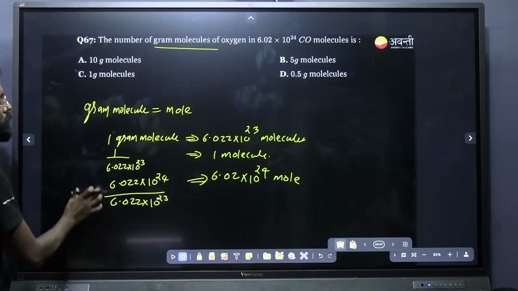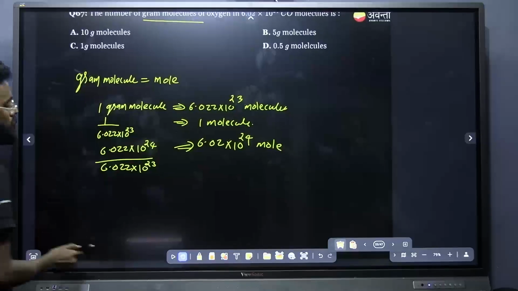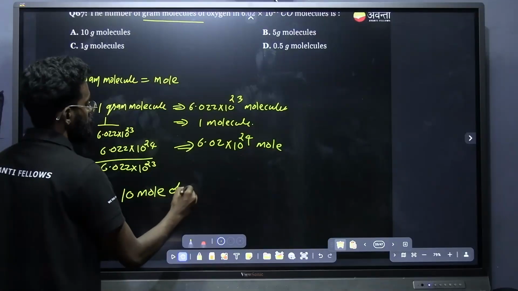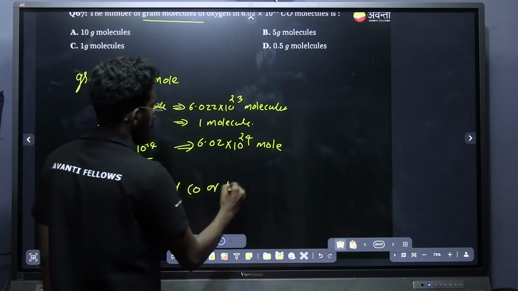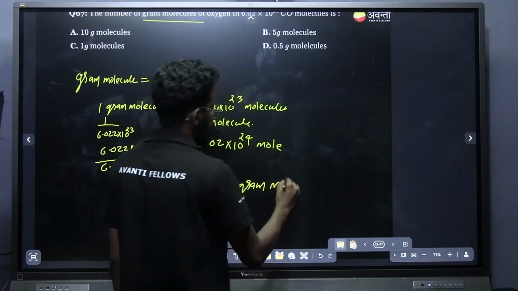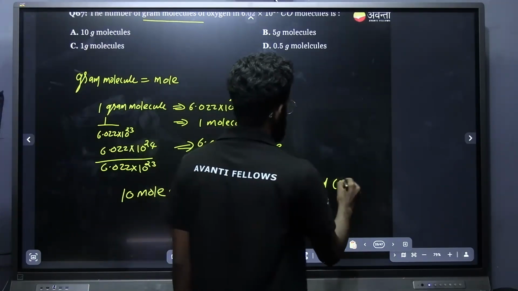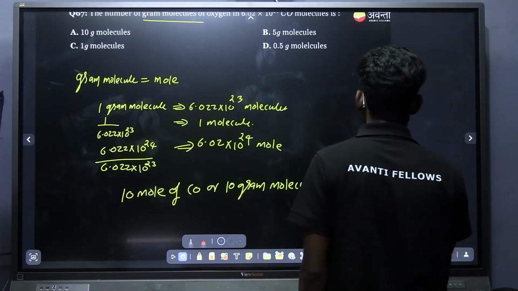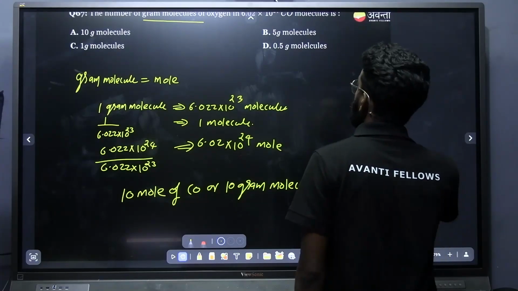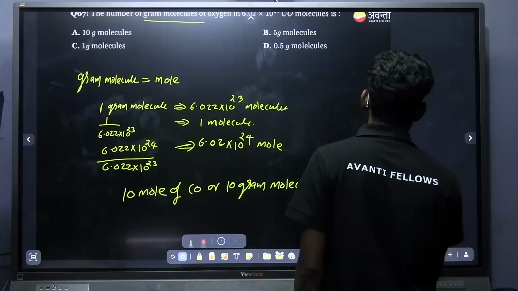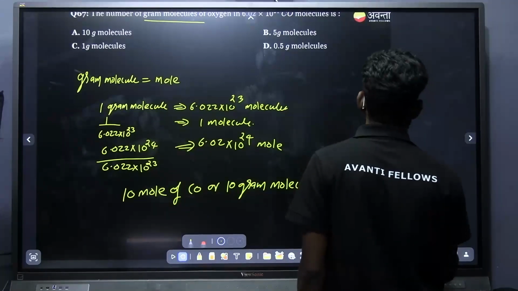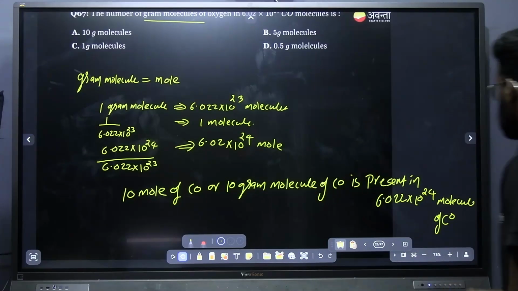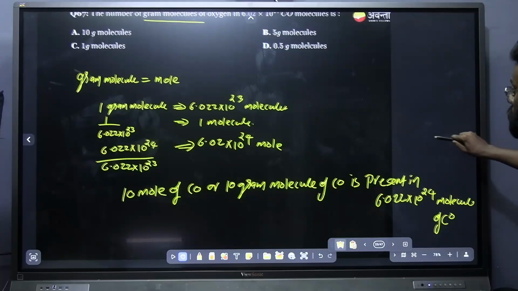Which means 10 moles of CO, or 10 gram molecules of CO, are present in 6.022 into 10 to the power 24 molecules of CO.